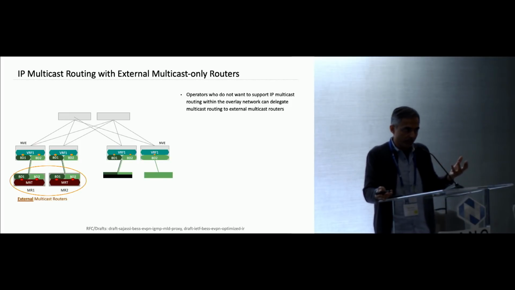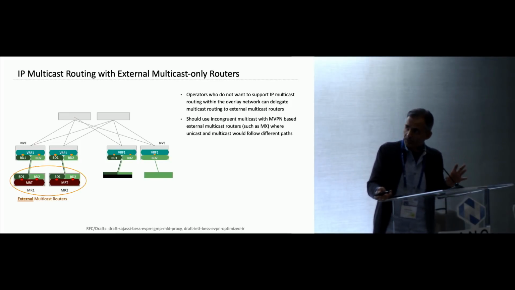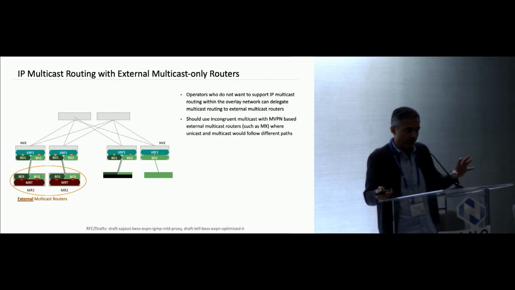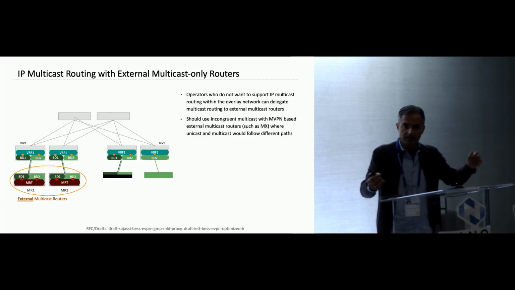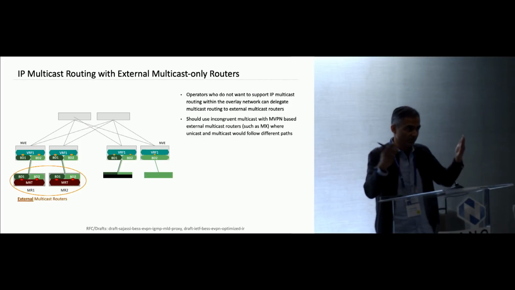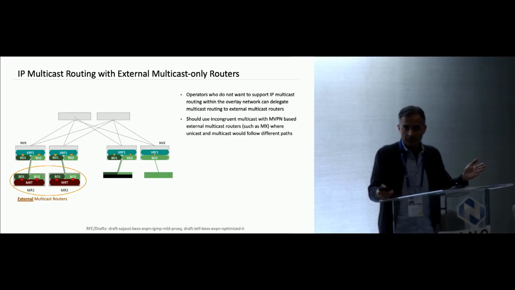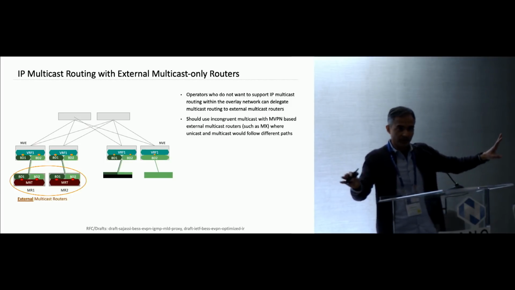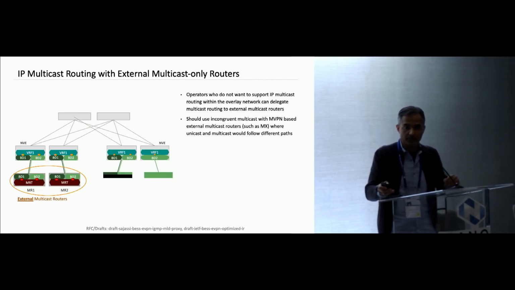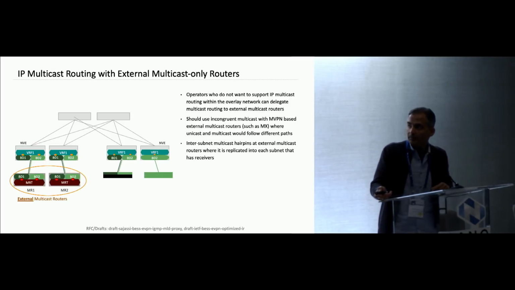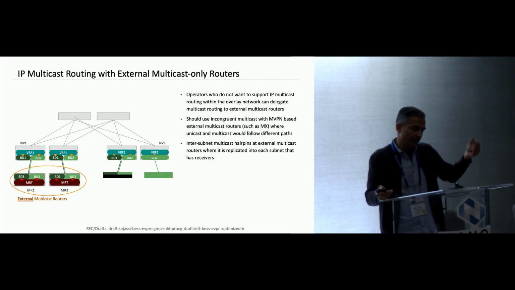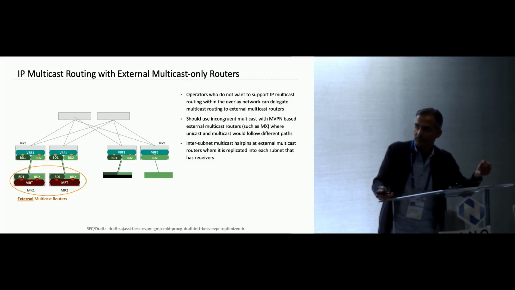In order to do this, you want to use incongruent multicast, namely with the use of MVPN. So your external gateways implement MVPN; otherwise, if you do PIM-based, you must do congruent multicast. MVPN allows you to do incongruent multicast, so you can have different gateways for multicast versus unicast. And you can do this for pure bridged overlays and both of your IRB-based overlays, CRB and ERB.